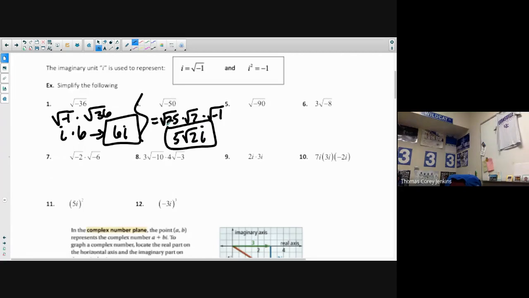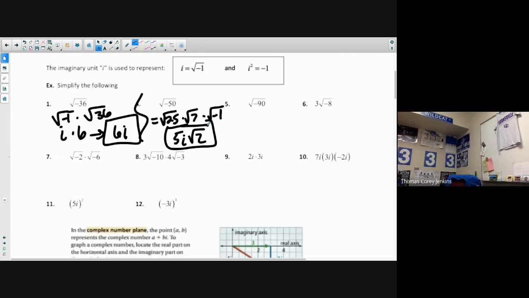Sorry, the way it's on my notes, we put the i with the 5. Either way, it means 5 times the square root of 2 times i. So properly formalized would be 5i square roots of 2. Order doesn't really matter though.